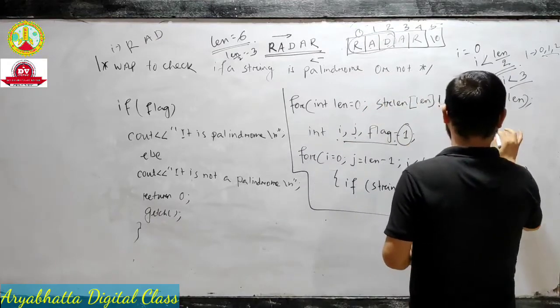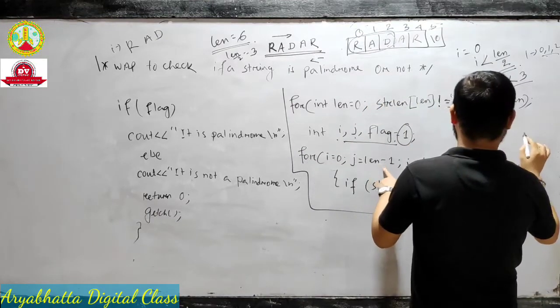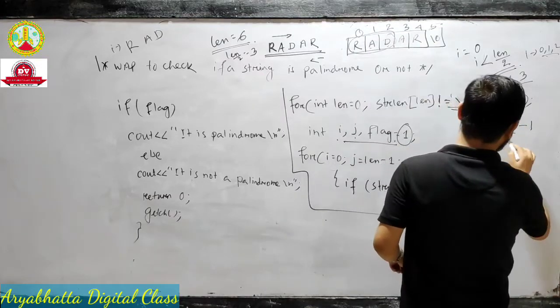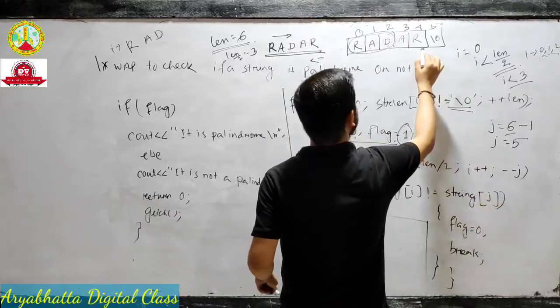j is initialized from len minus 1. What is len minus 1? len is equal to 6, minus 1, means j is starting from 5.